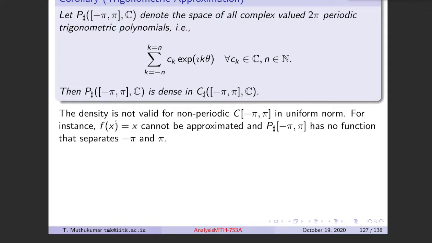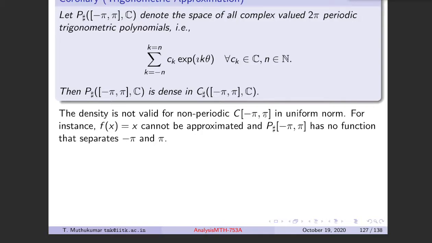This is just a comment to tell you that, for instance, the density is not valid for non-periodic functions. In the uniform norm, the supremum norm, you cannot replace this by removing the periodicity, so the class of all continuous functions. This is not valid. A simple example: if you take the identity map, f(x) = x, it's not periodic, because the value of x at -π is -π, which is not equal to the value at π.